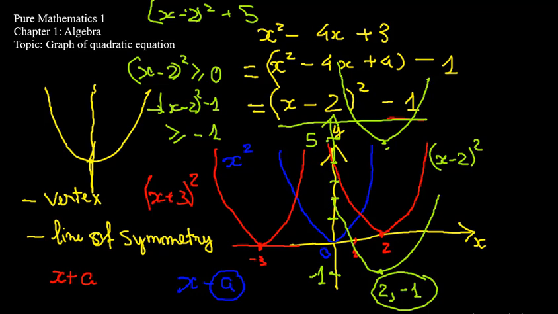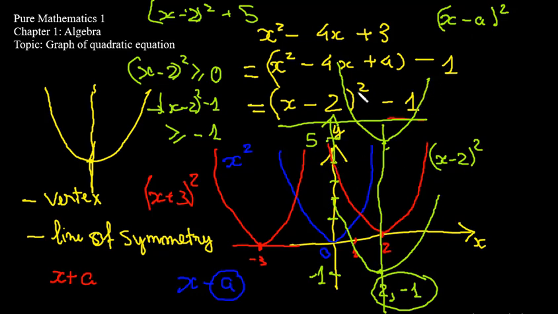Now we'll learn how to find the line of symmetry of a graph. We know that this graph is here, and the line of symmetry will be this one. A general rule to remember: for (x minus a) squared, the line of symmetry is not affected by the number added or subtracted, because that just moves the graph up and down.